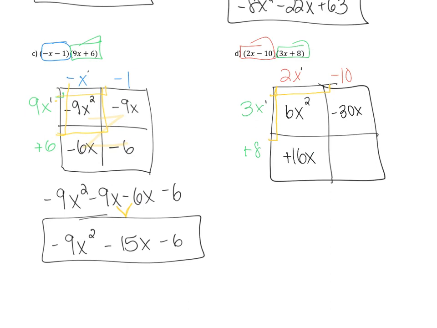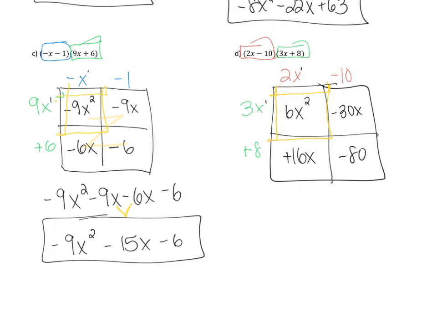Super important, make sure you write your signs down. Positive 16x. I want to see the plus sign. I know that we usually don't do that, but when you write it down here, it's important to know. All right, so we then can do the next one. Positive 8 times negative 10 gets me a negative 80.